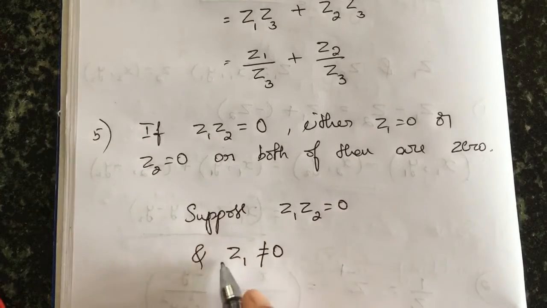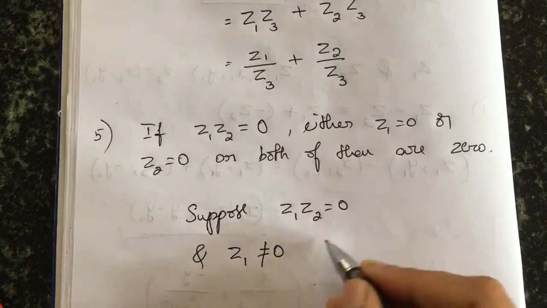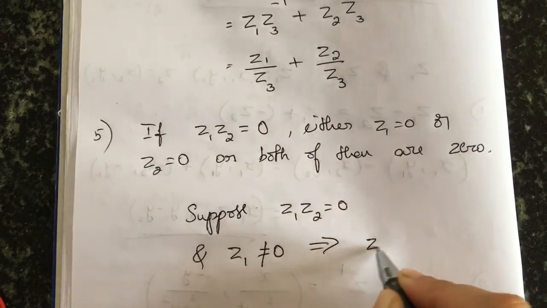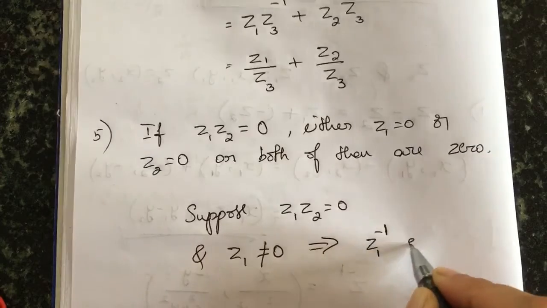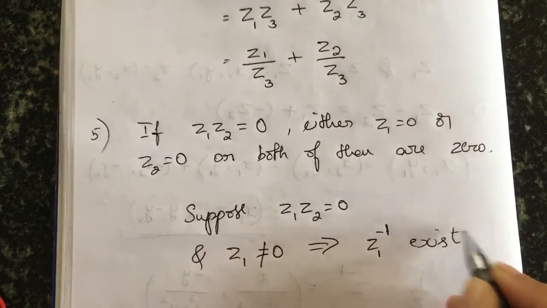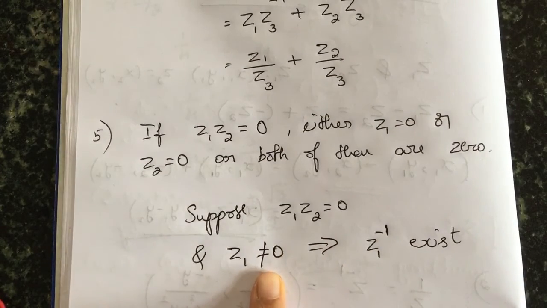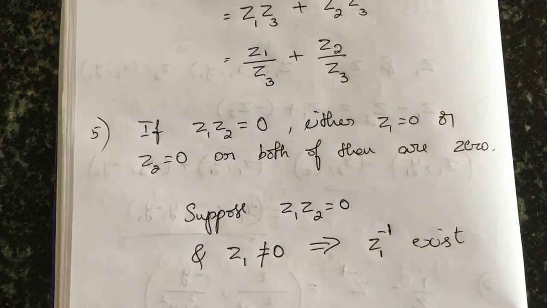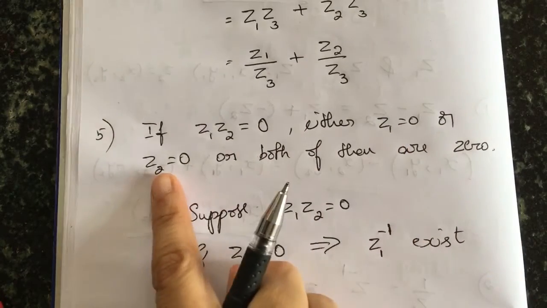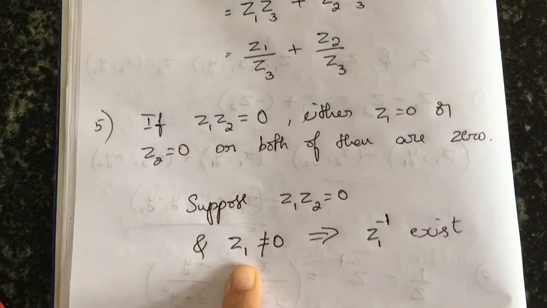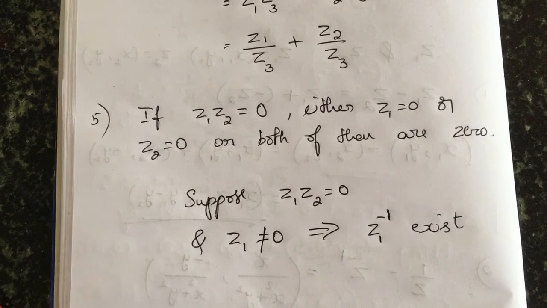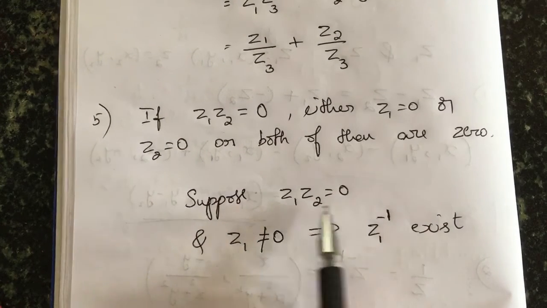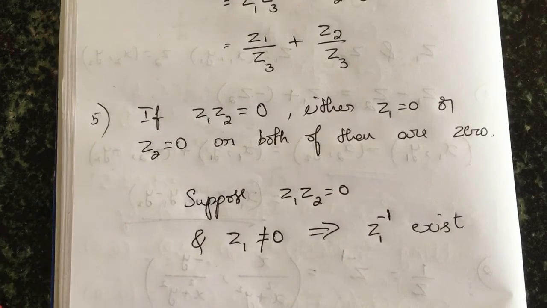Okay, when z1 is not 0, it just implies that z1 inverse exists, right? When the complex number is not equal to 0, then its inverse exists. Now I have to prove z2 equal to 0, because z1 is not equal to 0, they have mentioned, and they have even said that z1 z2 is equal to 0.